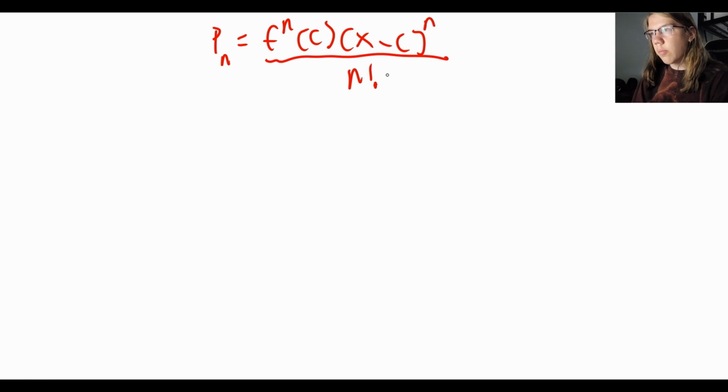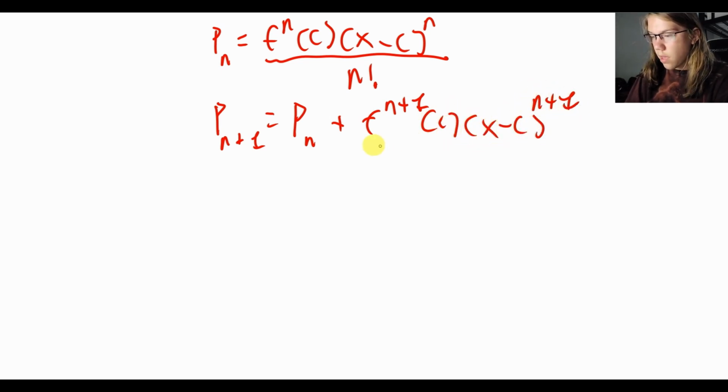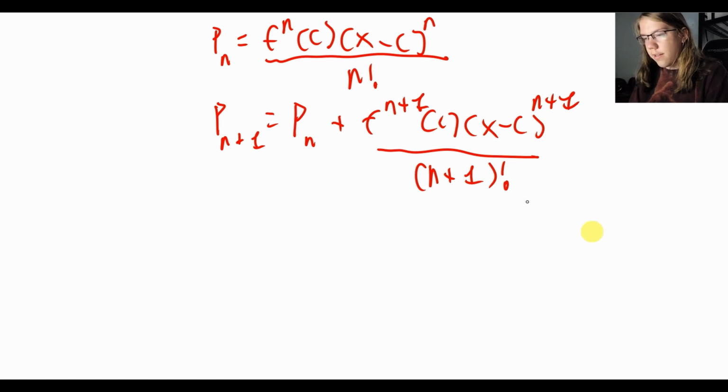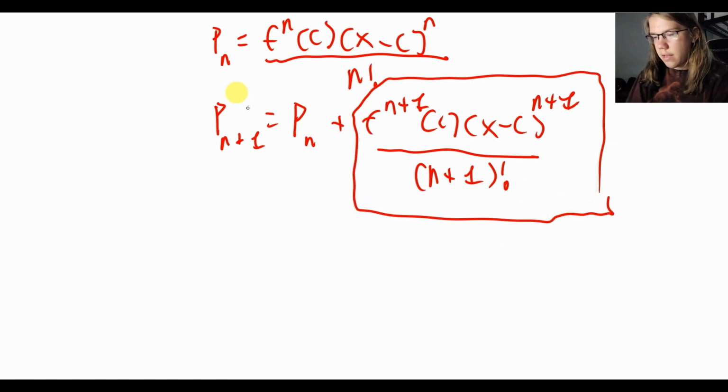Now, a series with one more term, which would be a more accurate approximation of the function this is modeling, can be shown with p sub n plus 1 equal to p sub n plus that next term, f to the n plus 1 of c times x minus c to the n plus 1 over n plus 1 factorial.